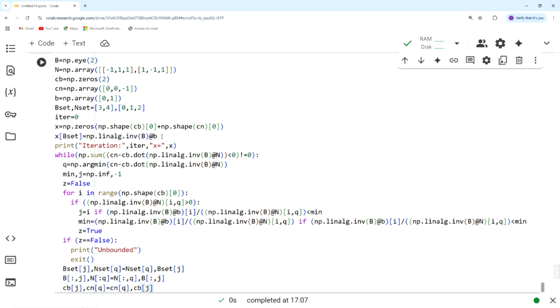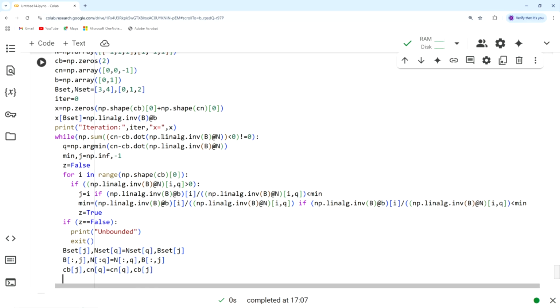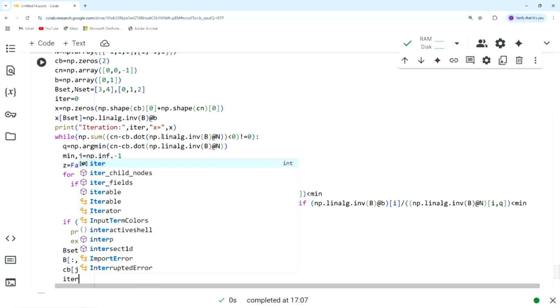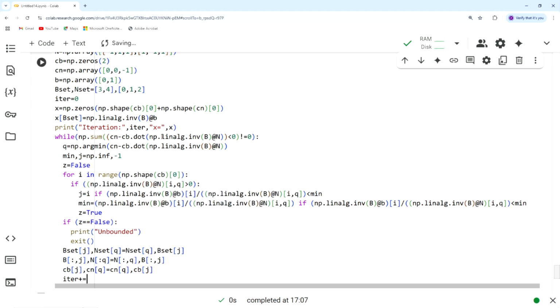So, these are the exchanges that we had, and we will also do an increment of the iteration, right. So, we will write it as iter equal to iter plus 1. Okay. So, we now have to print the value of x.